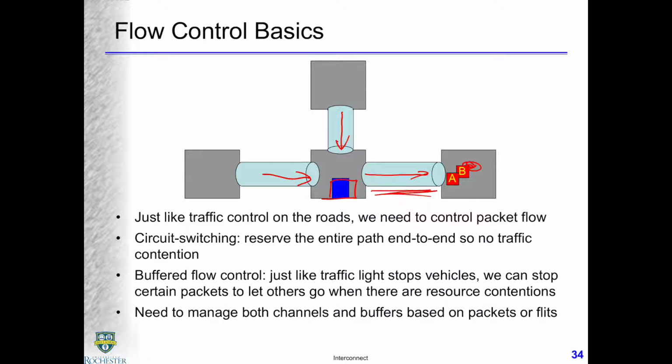There are different types of flow control. One extreme of it is circuit switching. That's what used to happen on a telephone network. What you do is you go through all these connections and you establish a hard wired connection. You have a telephone over here, you have a telephone over there. They go through switching stations.